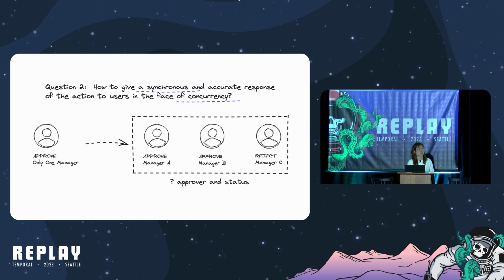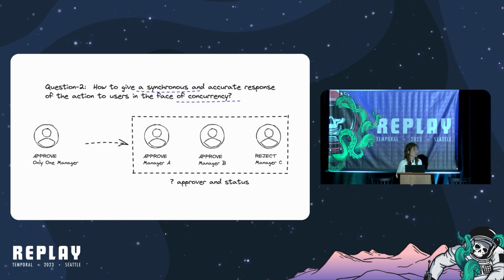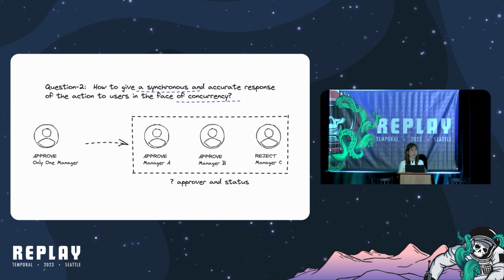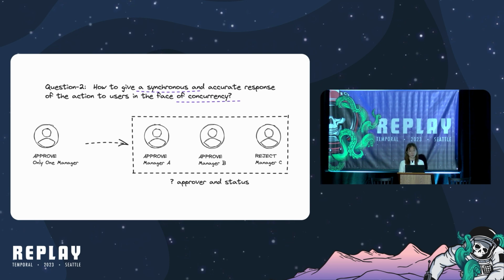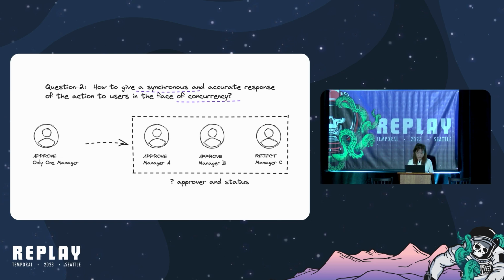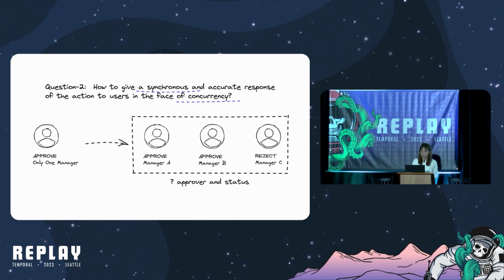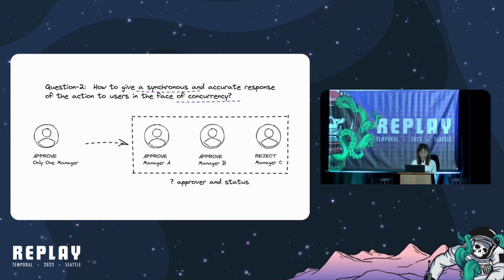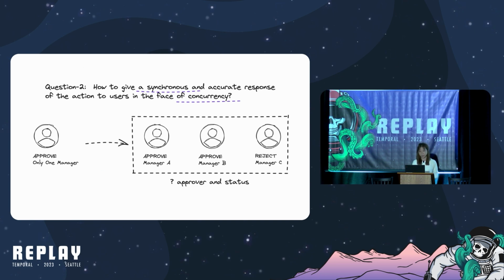Now we come to the second question. Our second question arises when more than one manager has authority to approve the transfer. This actually creates a concern of data racing because they may come to interact with our system at the same time.